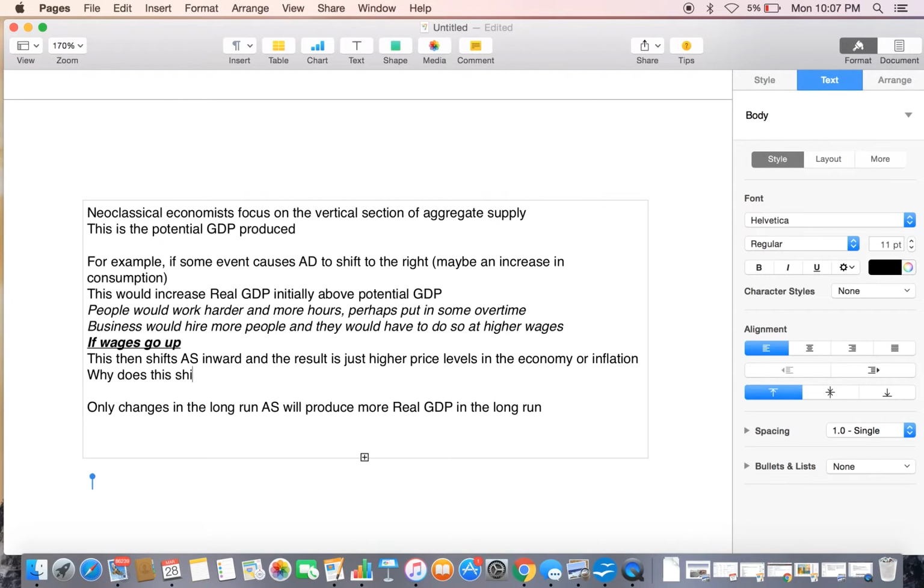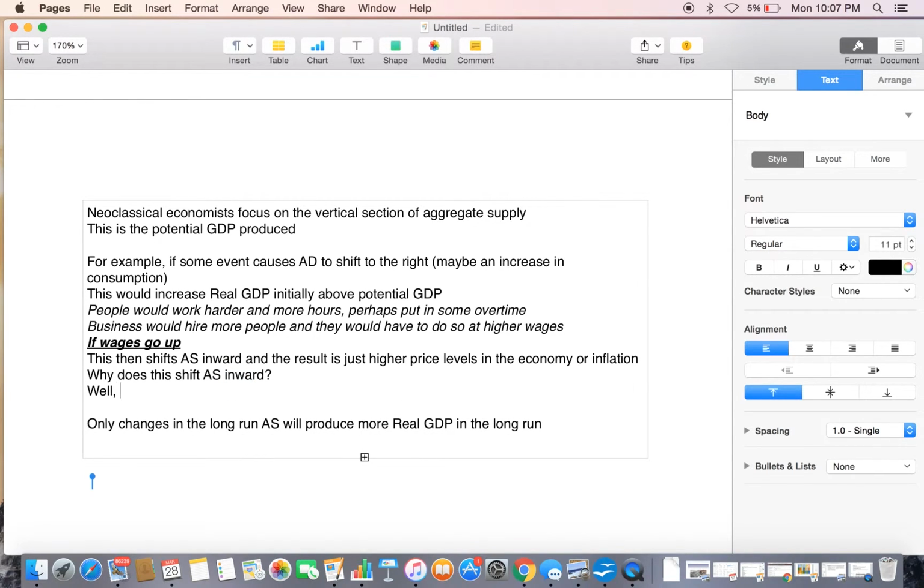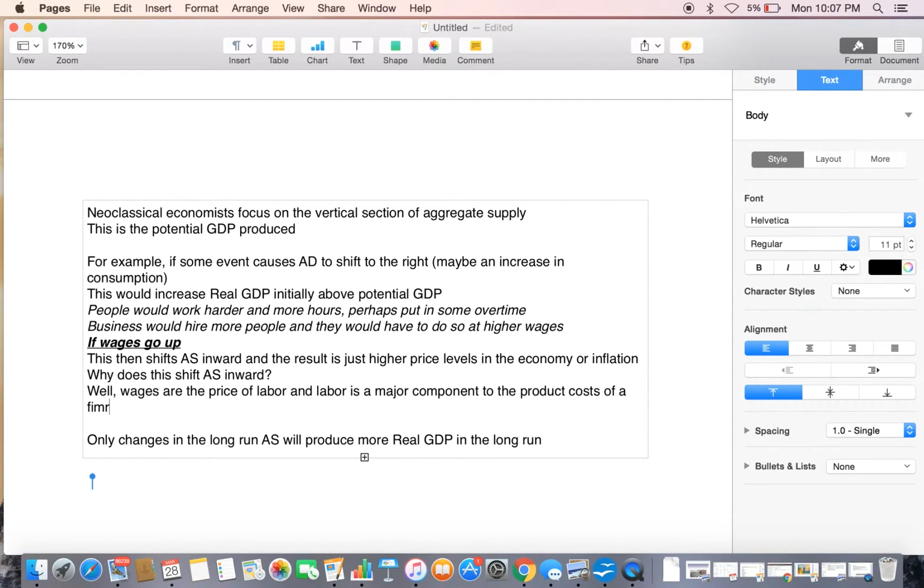Why does this shift aggregate supply inward? Well, wages are the price of labor, and labor is a major component to the production costs of a firm.